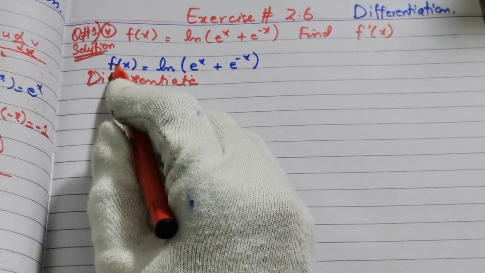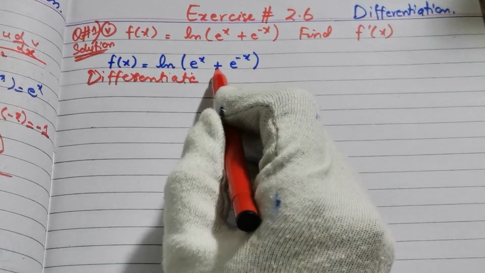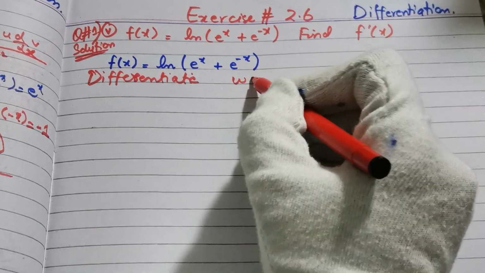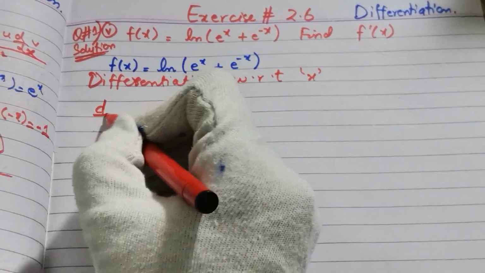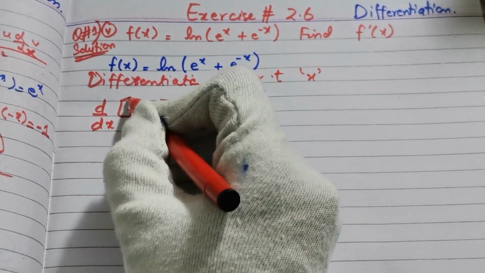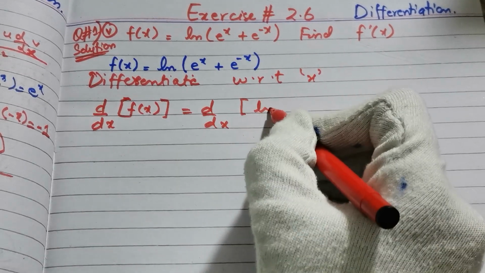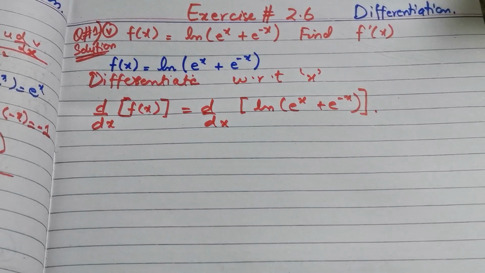So the question is f(x) is equal to natural log of e^x plus e^(-x). Here the variable is x, so we will differentiate with respect to x. d by dx of f(x) is d by dx of natural log of e^x plus e^(-x).